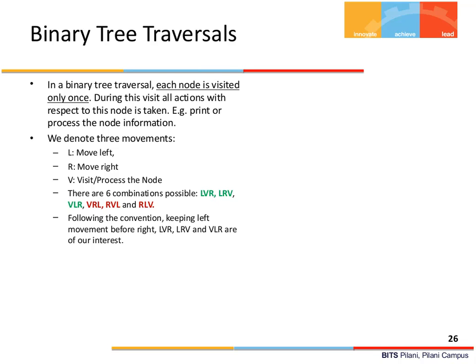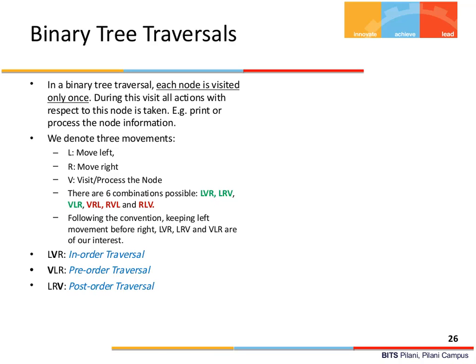So we are interested in those movements where L is coming before R. There is no technical limitation for this convention; it's not that you cannot do right before left. It's just a convention. So the traversals we are interested in will be only LVR, LRV, and VLR, because here left movement comes before right movement.